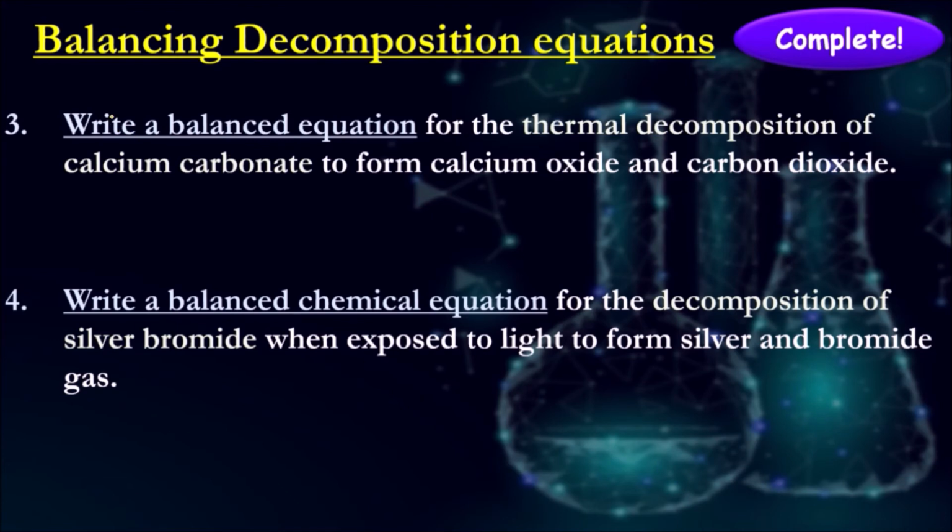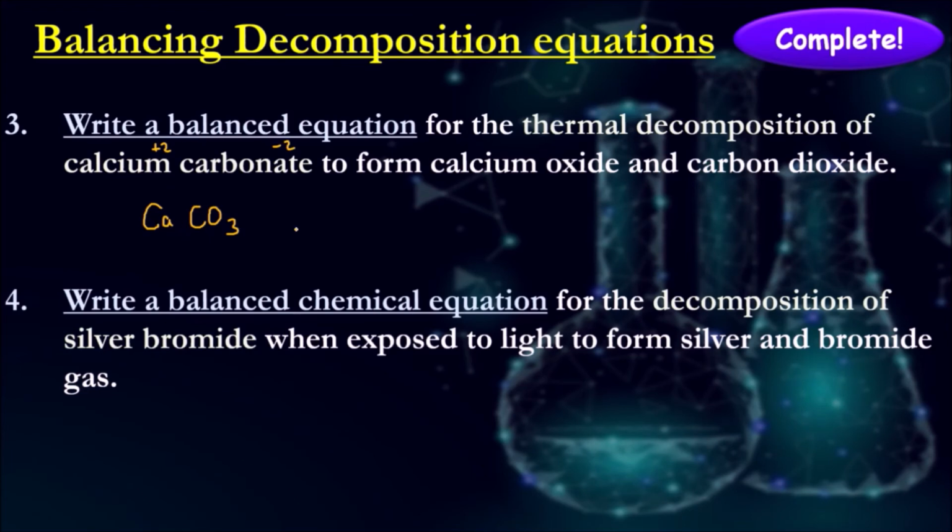The last one is to write a balanced equation for the thermal decomposition of calcium carbonate to form calcium oxide and carbon dioxide. Let's think about it this way. Calcium carbonate: calcium is Ca, carbonate is CO3, calcium is 2+, carbonate is 2-, so we don't have to do anything with valencies.